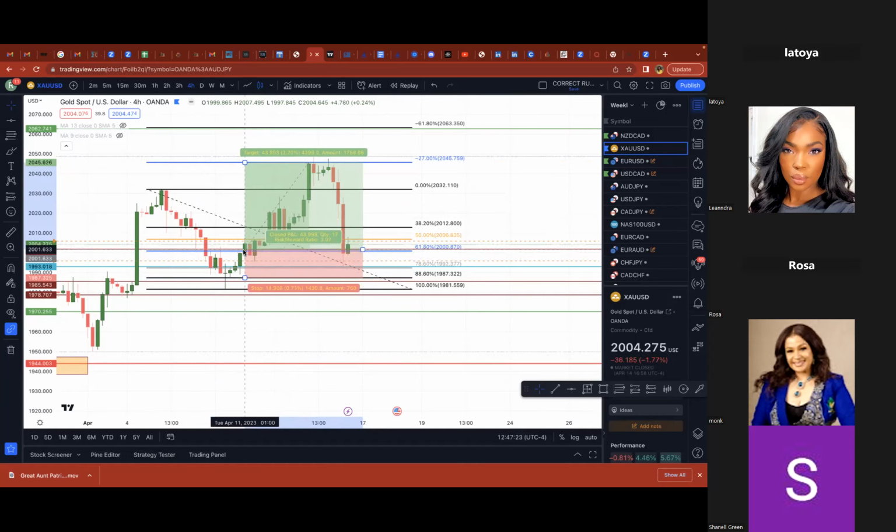You see, price came right to the 61.8, and you got a 1 to 3.2 reward. Price never came all the way and stopped you out. So it's a really nice entry there, and you can make a lot of money.